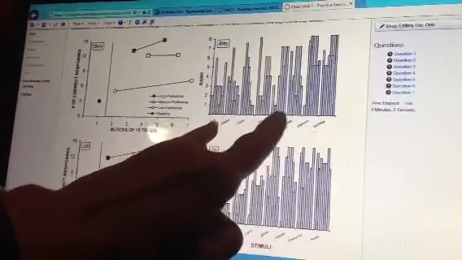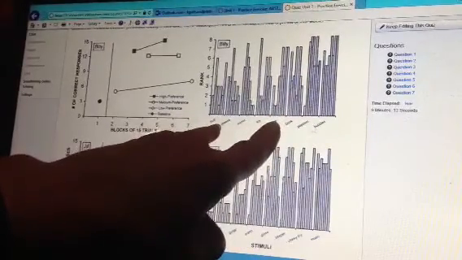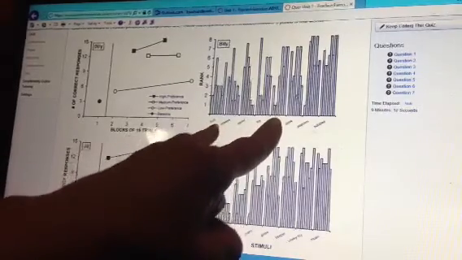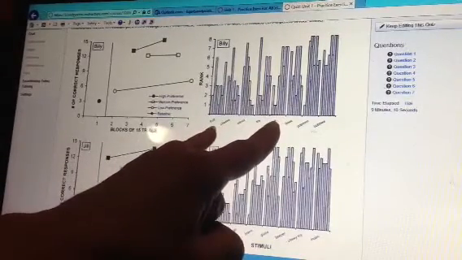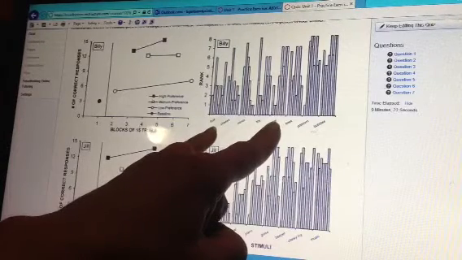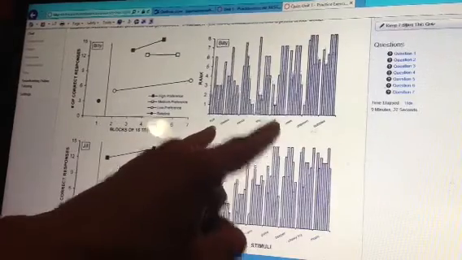So here they took information from the current preference assessment and they determined which item was high, ranked at a 1, which item was medium, ranked at a 4 or a 5, and which item was low, ranked at an 8.